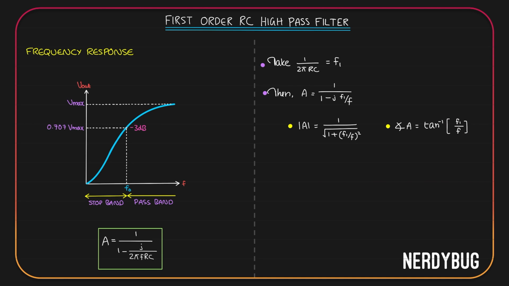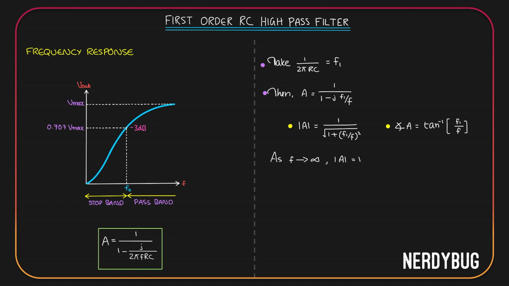So phase angle is tan inverse of F1 by F. Let's try something. What happens as F tends to infinity? If F becomes infinite, that is the input signal has a very high frequency, F1 divided by F will become 0. So this term will become 0 and we get magnitude of A equal to 1.